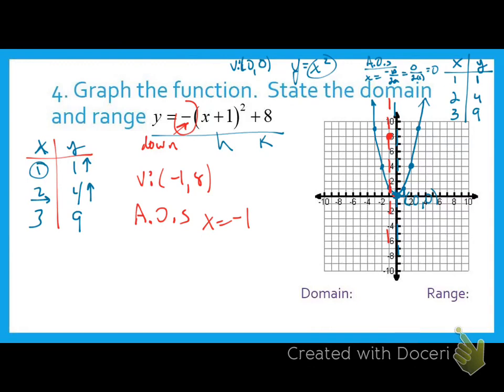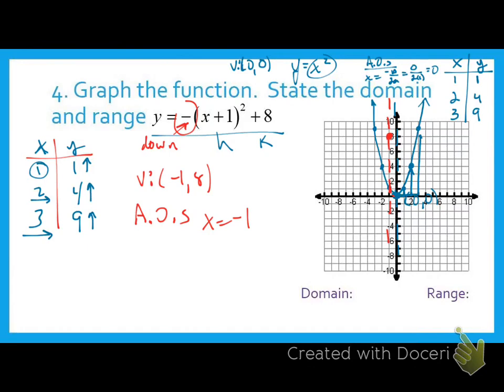If you come over here, you walk 2 spaces to the right, you have to walk up 4 to get to the next point. And the last line says that if you walk over 3, you have to go up 9. And you see that again. Go back to the vertex. If you go over 3, then you have to go up 9 to get to the next point.